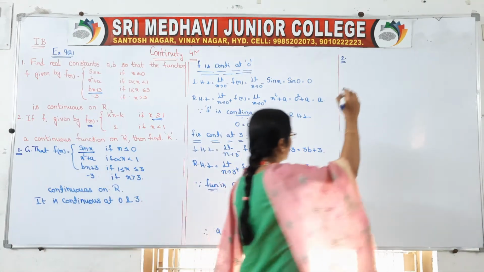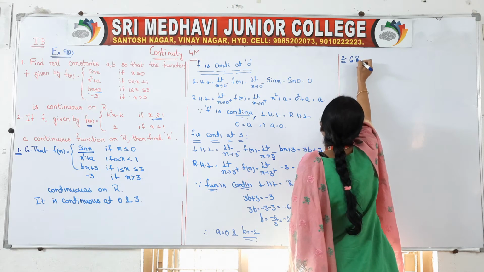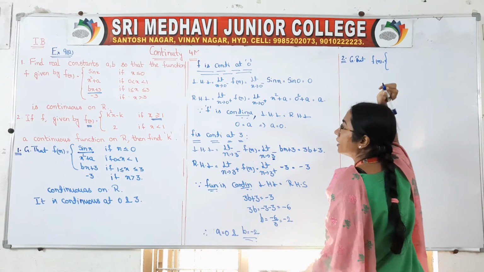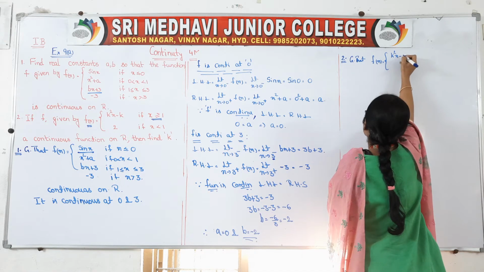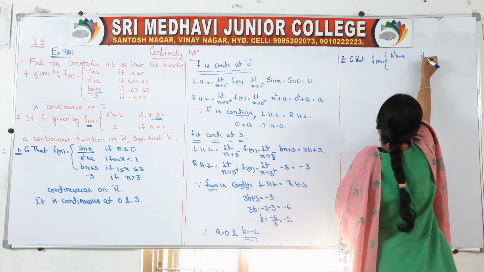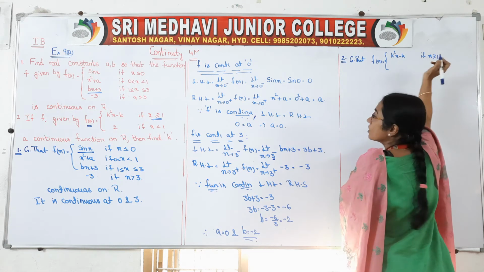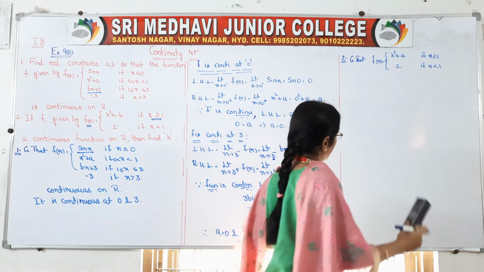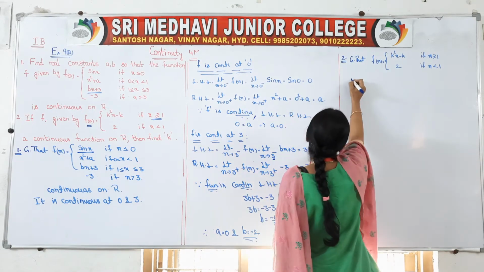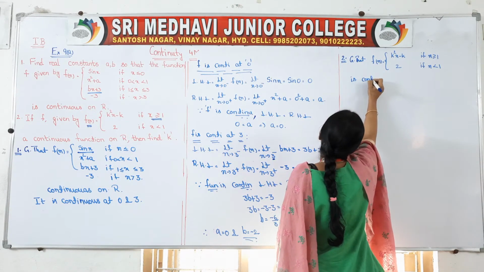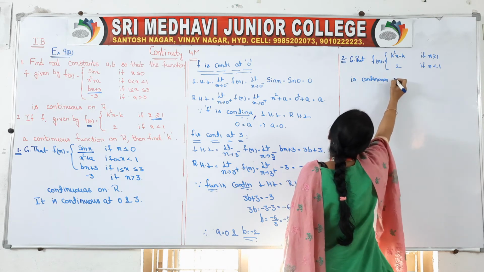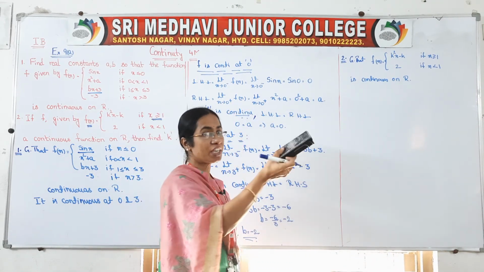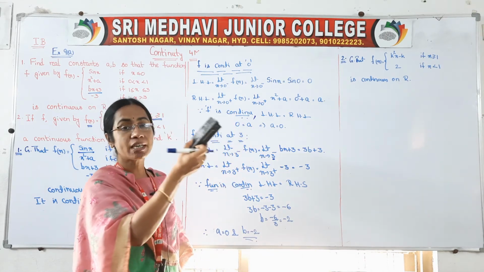Okay, so come on, given that f of x is equal to k square x minus k, right, if x greater than or equal to 1, and 2 if x less than 1, is continuous on R. Continuous on R means real numbers, but here we got the condition, the definition of the function at x greater than 1, x less than 1.